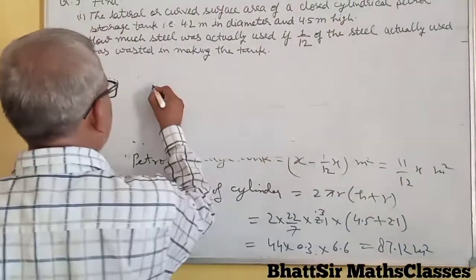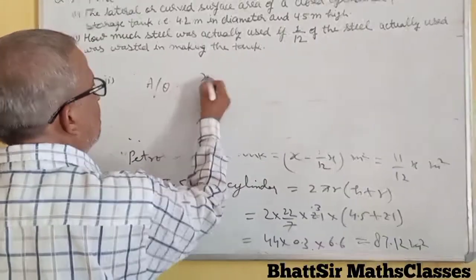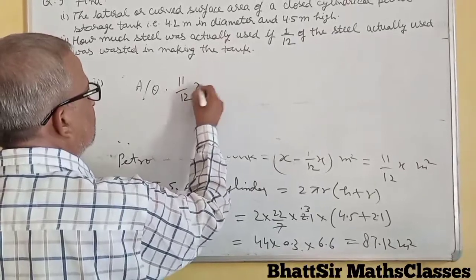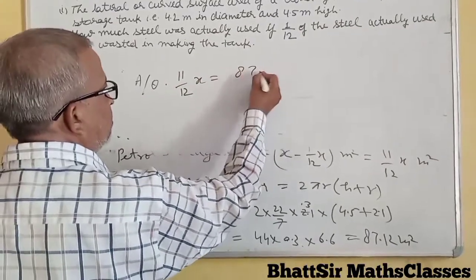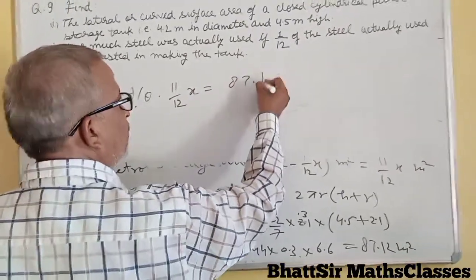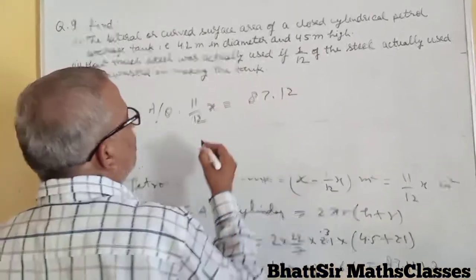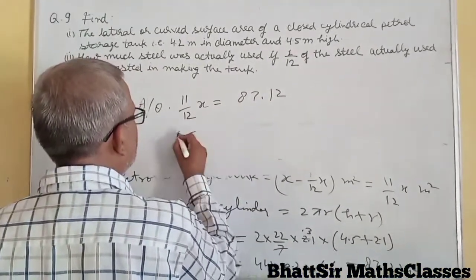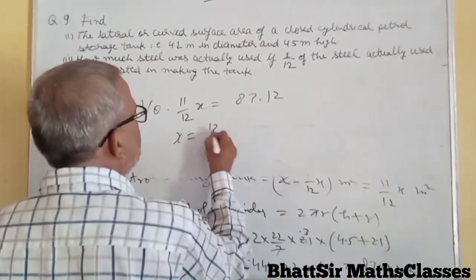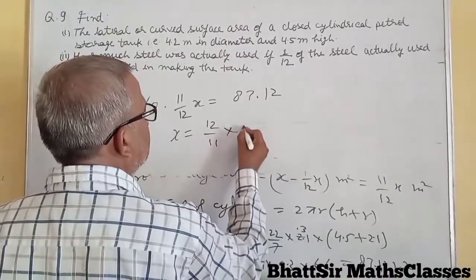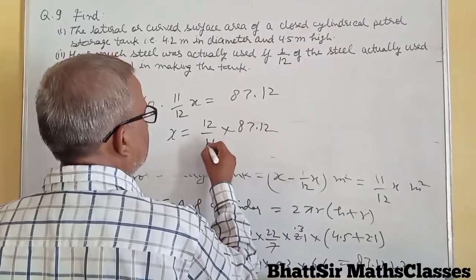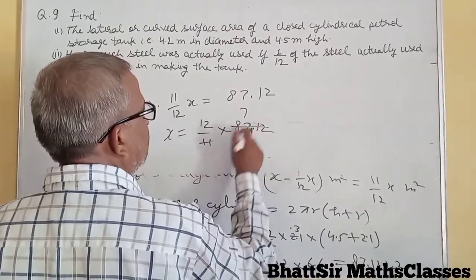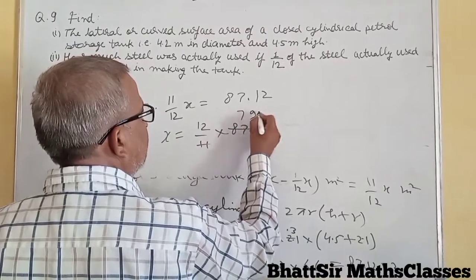According to the question, 11 upon 12x equal to 87.12. So x equal to 12 upon 11 into 87.12. 11 7 is 77. 11 9 is 99. 11 2 is 22.